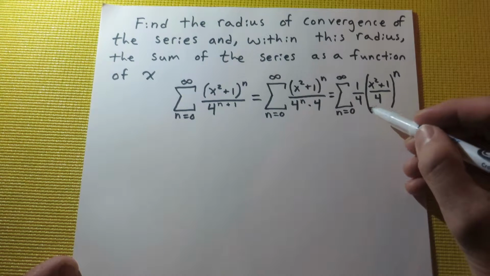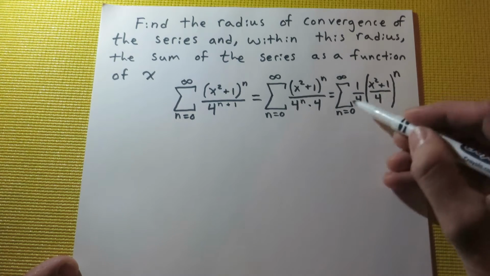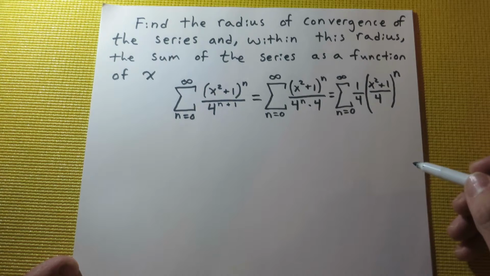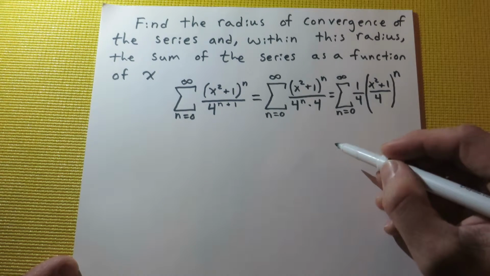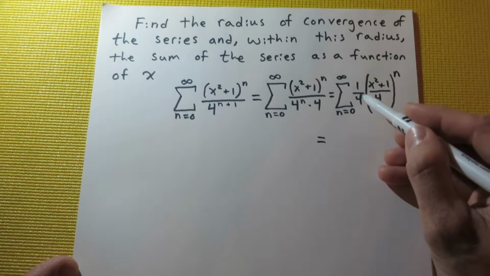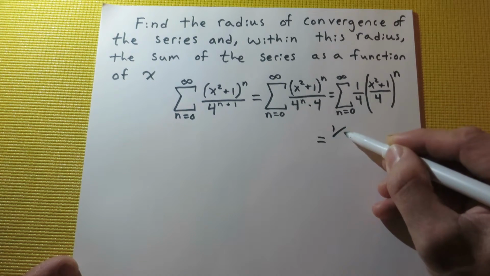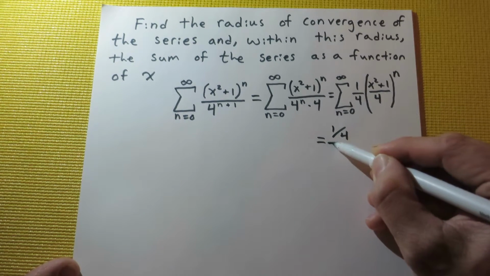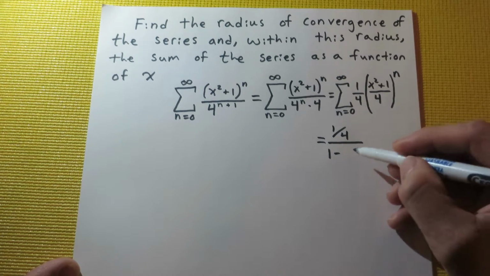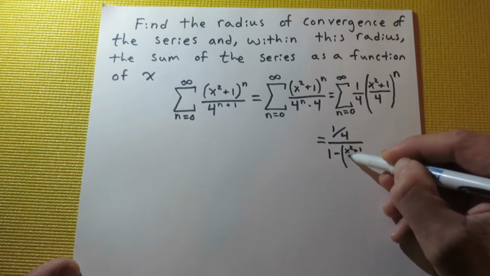We know from a geometric series that this sum, along its interval of convergence, is equal to our a value, which is 1 over 4, divided by 1 minus our common ratio. Our common ratio is x squared plus 1 over 4.